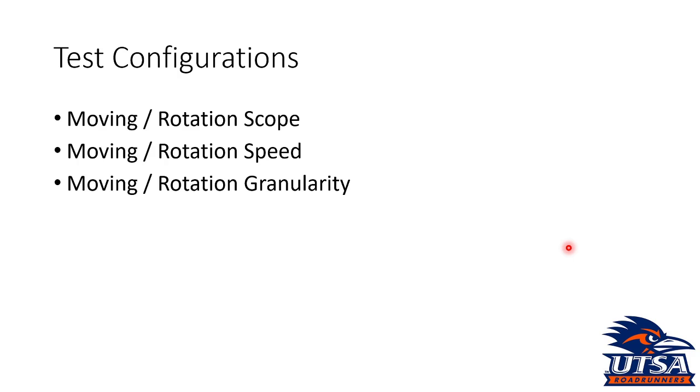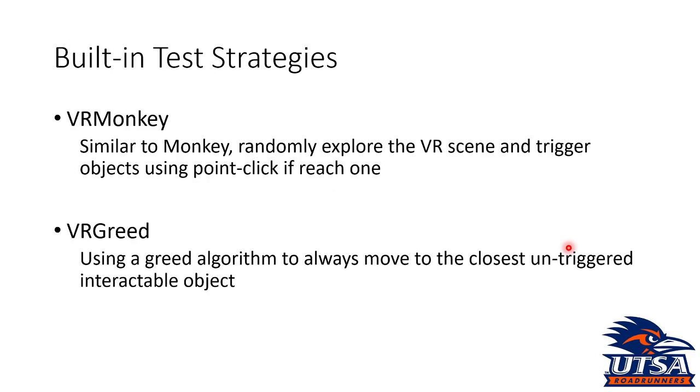And the third is the moving rotation granularity, which is mainly related to whether the objects in the scene are typically large or small; it should be comparable to the size of the objects inside the scene. Those are the three configurations. We have default values for all of them, but developers can easily change them.